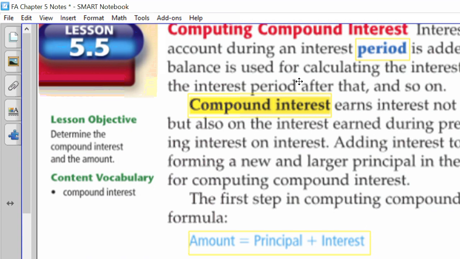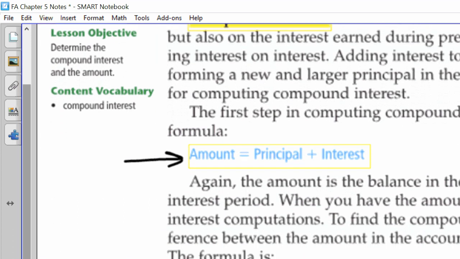compound interest. The first step in computing compound interest is to use the formula: the amount is equal to the principal plus the interest. Again, the amount is the balance in the account at the end of the interest period.